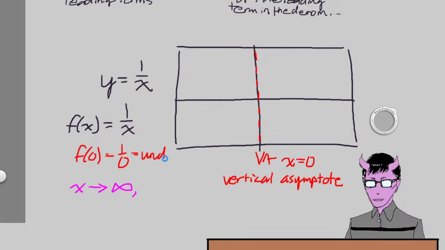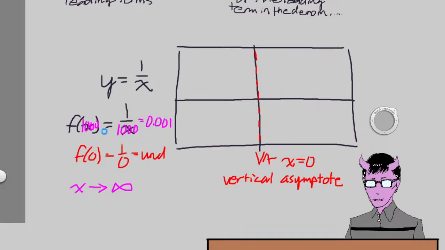You can do a number table to think about this idea. So if you plug in 1, for example, for your input, then the output is 1. That's not very big. If you plug in 10 into your function, then you get 0.1. That's smaller than before, right? But if you plug in 1000 into your function, then you're going to get 0.001, which is even smaller.